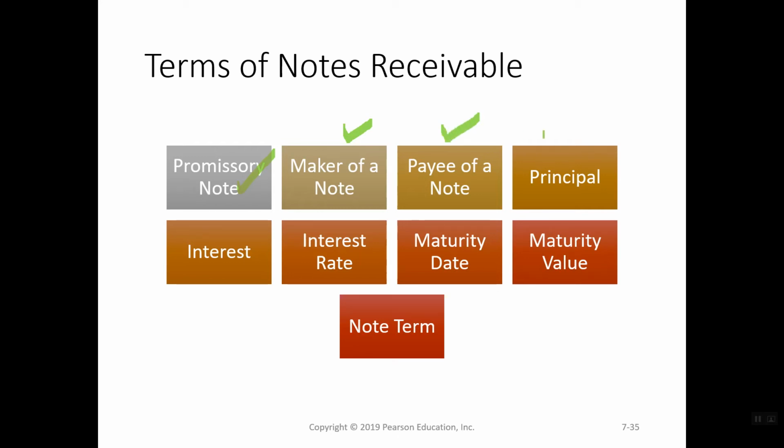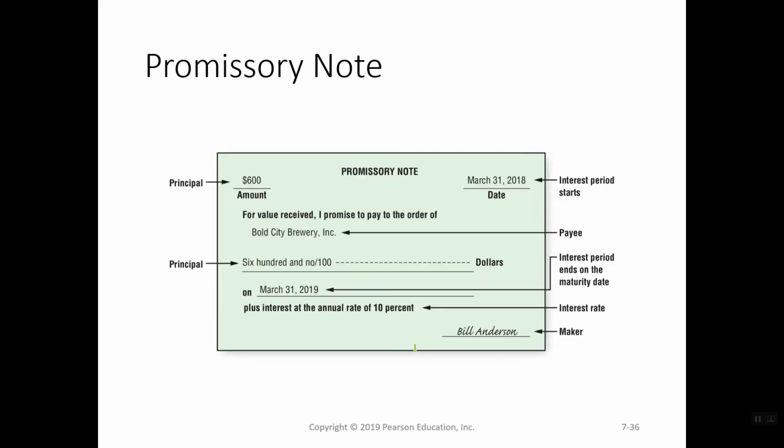The payee of the note is who has to pay it. The principal is the amount you're borrowing, or in this case, the amount you're loaning. Then there's the interest rate, when it has to be paid, and of course the maturity value, which is the principal plus the interest. So these are the terms of the note.